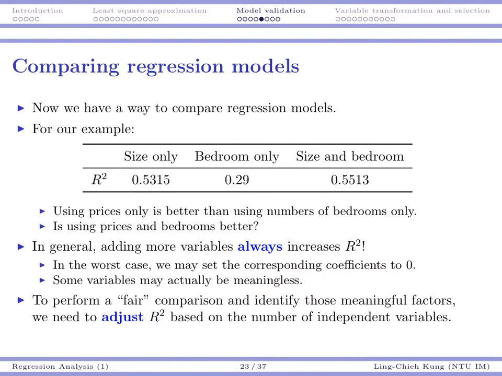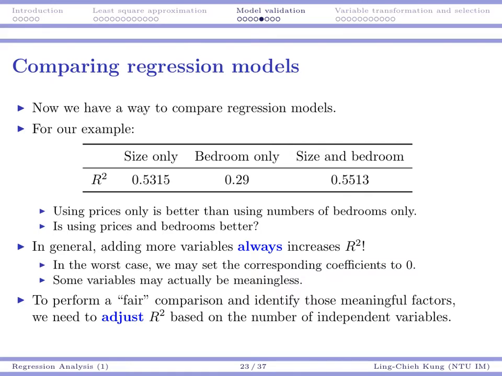Using size only is somewhat good. If we only use bedrooms, R-square is much smaller. So that means size is more important in determining the price. Bedrooms has some impact, but not so strong.